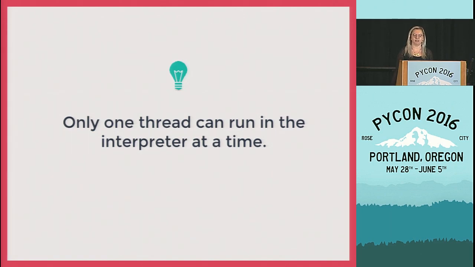Why does Python need this interpreter lock? We need to prevent reference counts from being changed concurrently. What happens if two threads try to increase and decrease the reference count of an object at the same time? Those operations might not happen in order, and that's a big problem.